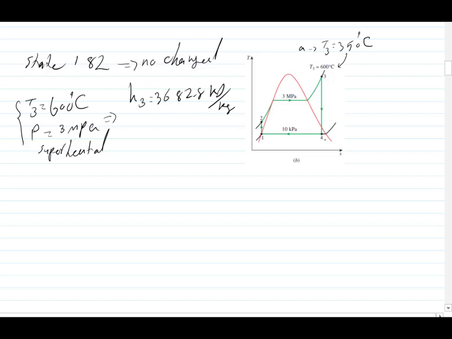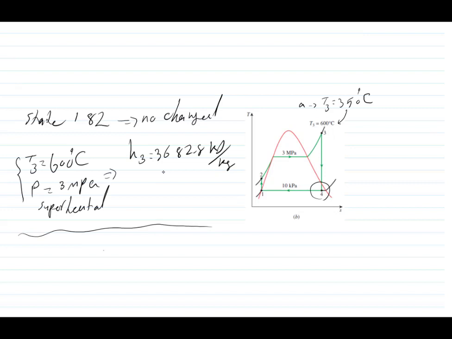And what about point 4? With same procedure like part A, we need to calculate the H4 as well. So we know how much is the H3 from the table for superheated. So now we can also find S3 from the table.